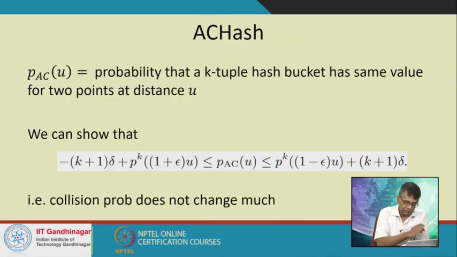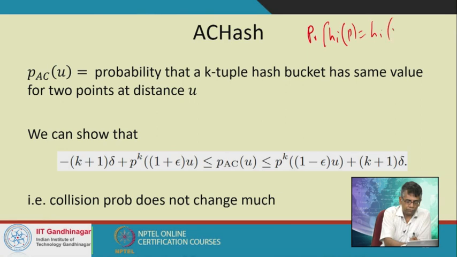But what we are still able to say is this. Previously, for each hi of x, the probability that hi of p equals hi of q was P of u, if u is the distance between p and q.